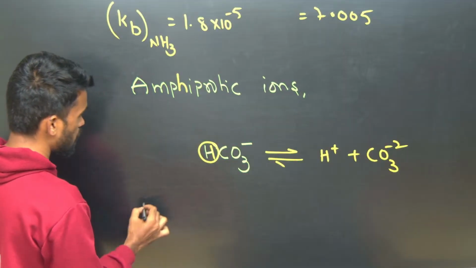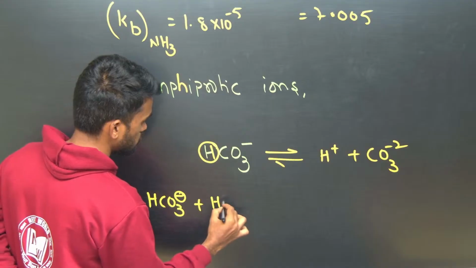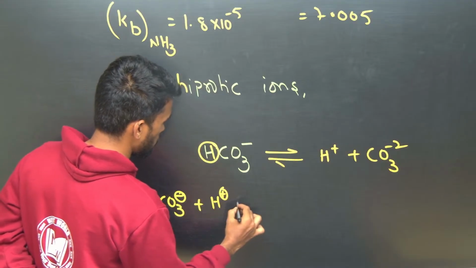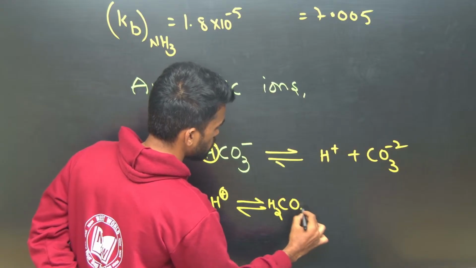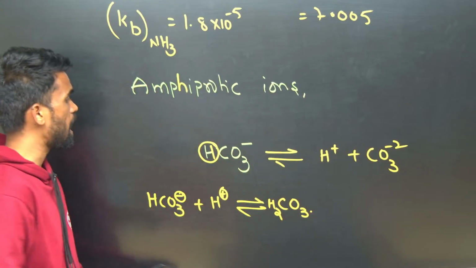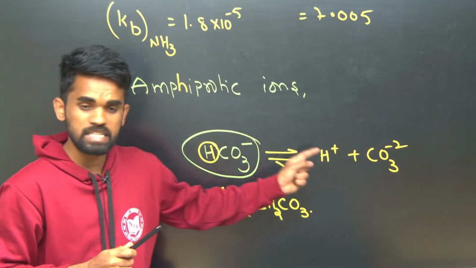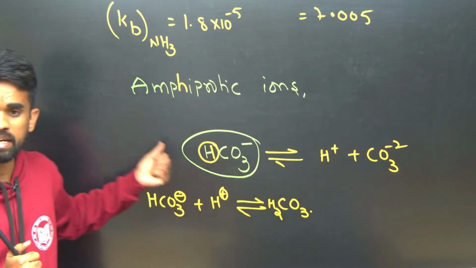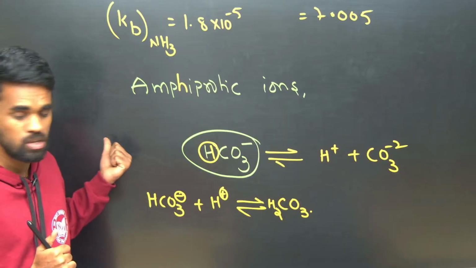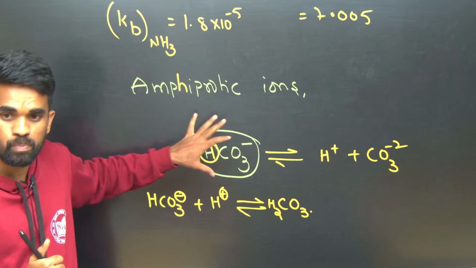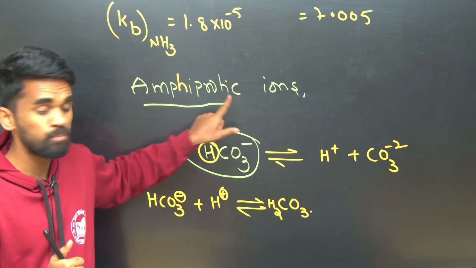Or this bicarbonate ion can accept a proton and become carbonic acid, H2CO3. So this ion has both natures: it can show acidic nature by releasing H plus, or accept a proton and show basic character. It's just like amphoteric, but it should be called amphiprotic.